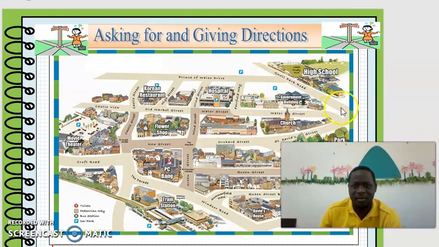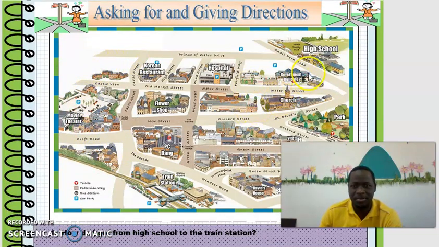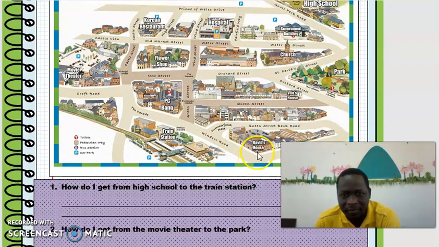Now the first one, you'll have to study this map. On it we have the high school, the government building, the church, the park, the hospital, the Korean restaurant, the flower shop, the movie theater, the bank, the train station, David's house, and Vito's house.